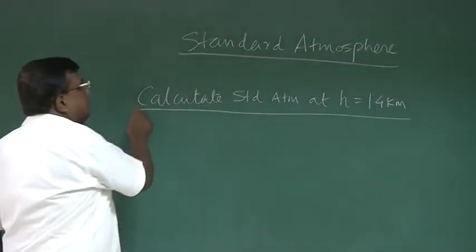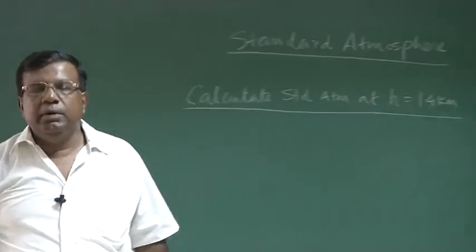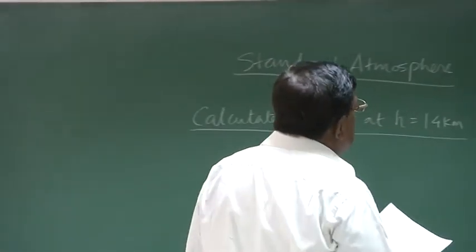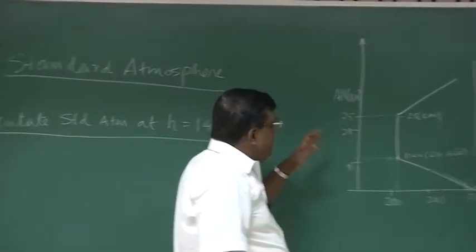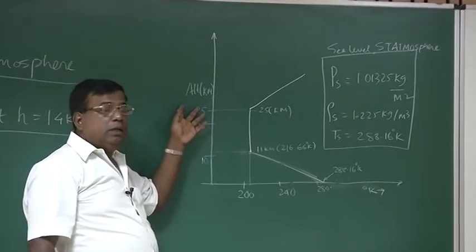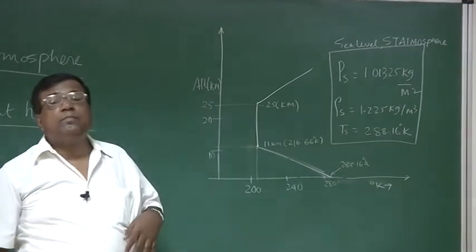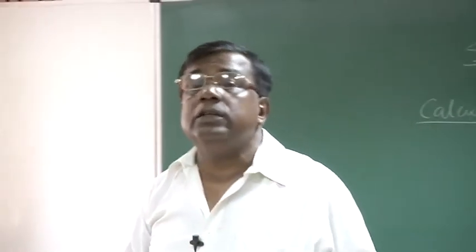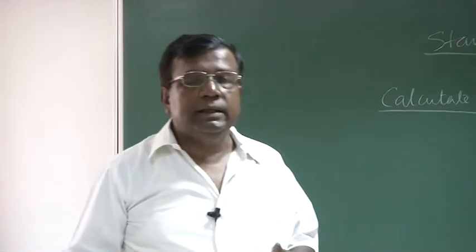This is my question. And what do I mean by standard atmosphere? I am asking, do I know pressure, density and temperature? At the same time, I know that temperature data versus altitude has been generated experimentally by firing sounding rockets and launching weather balloons at different places, and then some average values have been taken.